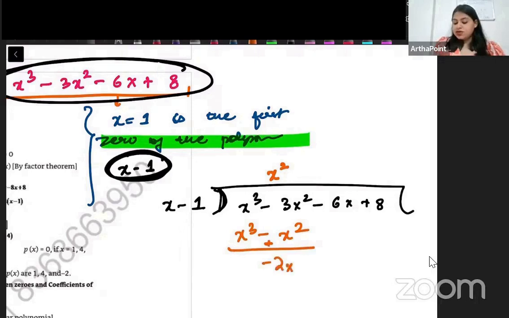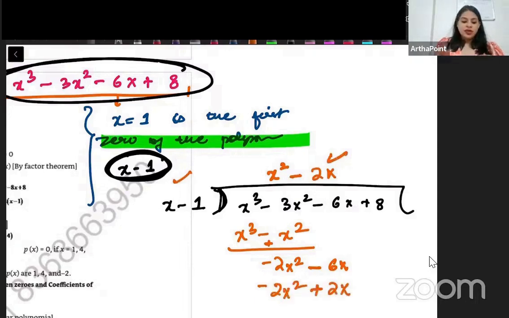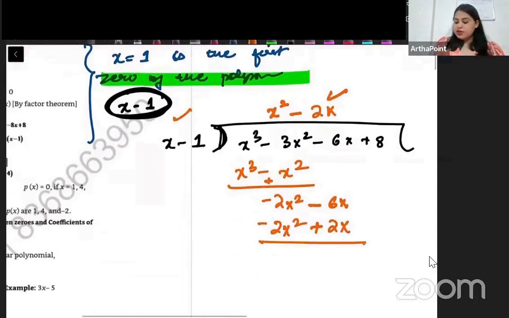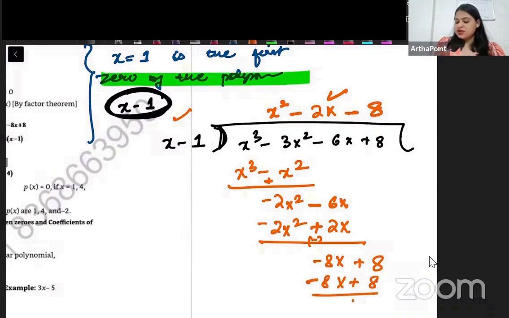So this will be minus 2x square minus 6x. Then beta, this will be minus 2x, so minus 2x into x minus 2x square plus 2x, right? And then beta, this will be minus 8x plus 8. So minus 8x plus 8, 0.